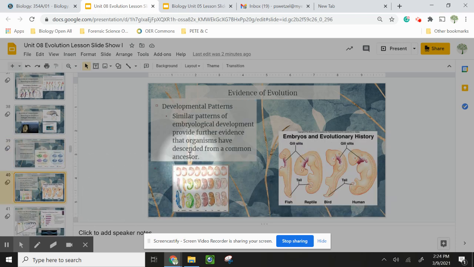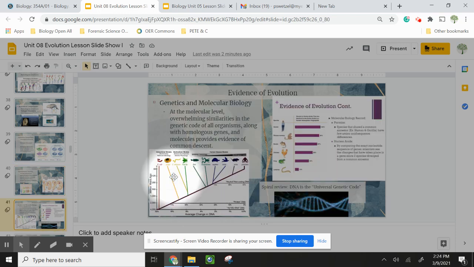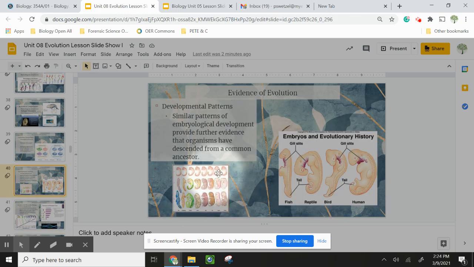We also have embryological development that can give us some insight into the developmental history or evolutionary history of organisms. This has always been fascinating to me. When you look at the embryos of fish, reptiles, birds, humans, we all kind of travel through our evolutionary timeline during our development. So, a little tiny embryo is going to have gill slits.